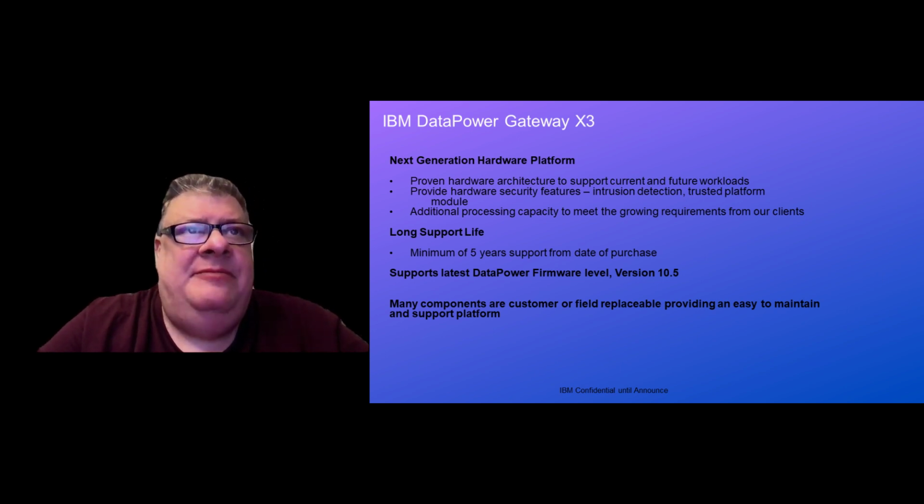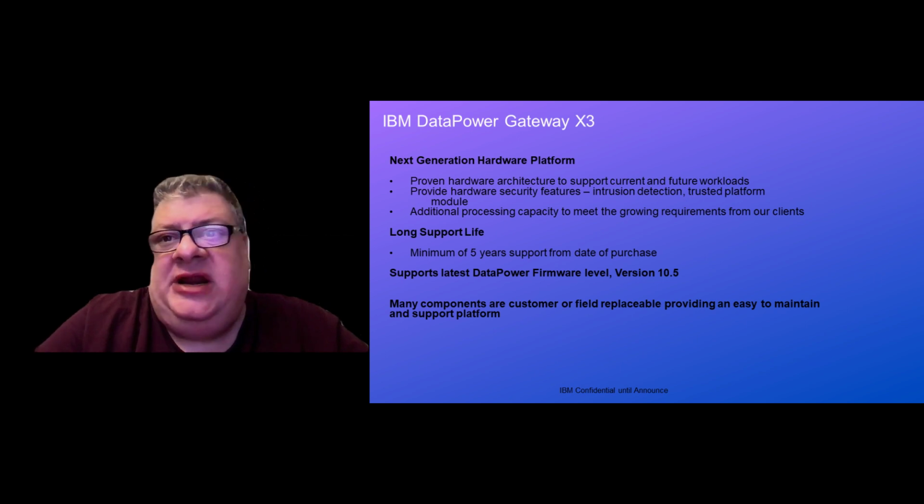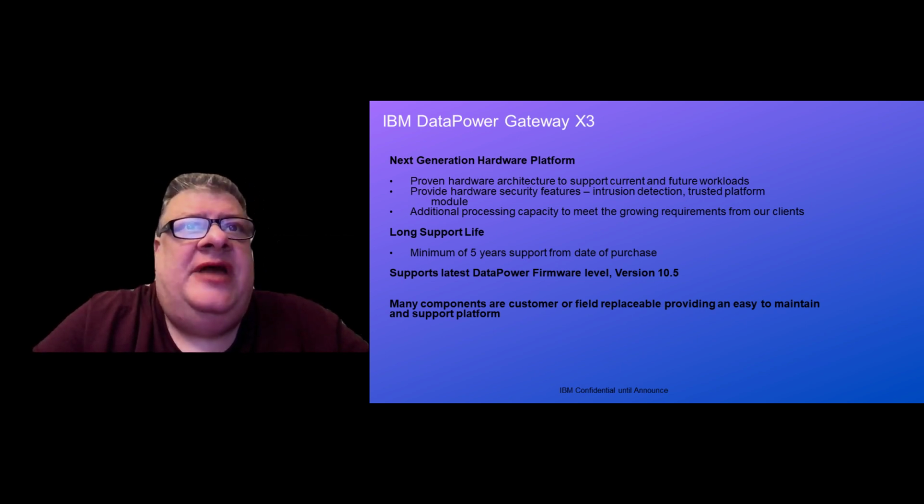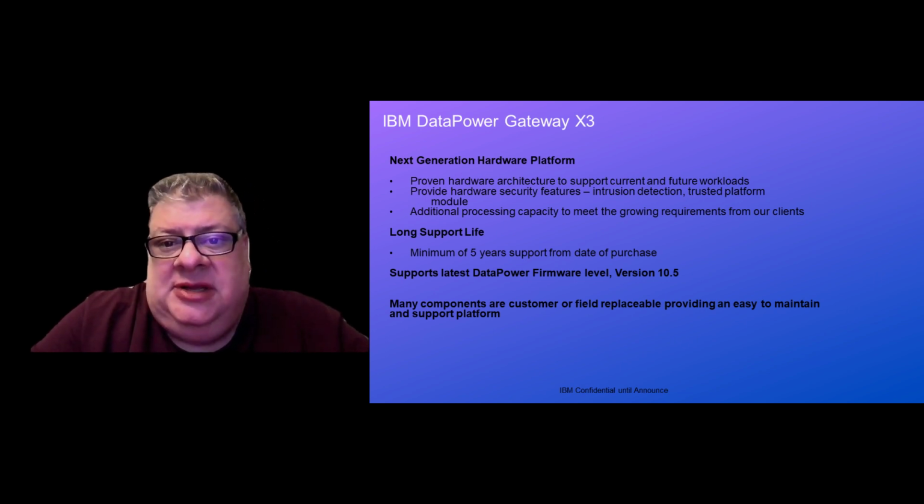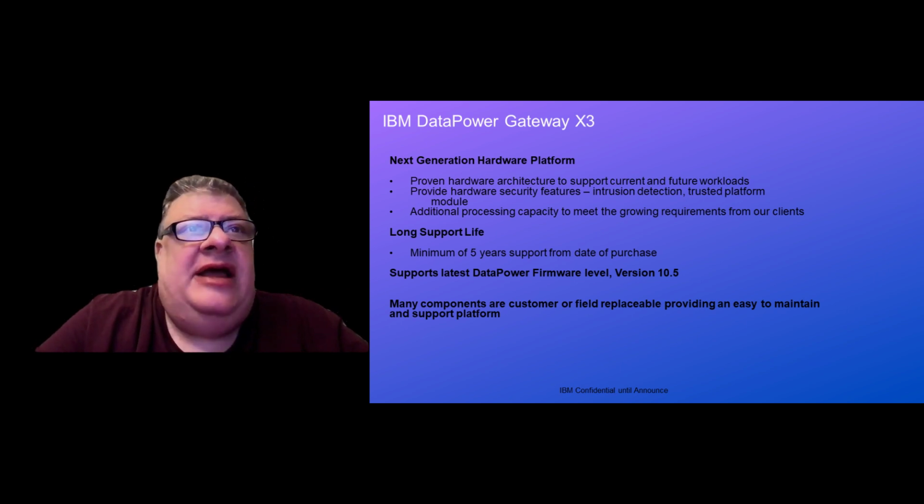You will always get a minimum of 5 years of support from the date of purchase of any DataPower appliance. Even if you bought an X2 today, which is still available for a little bit, you would have that 5 years. As part of this, we are introducing a new level of our firmware, which is the 10.5 long-term support of our firmware, which we'll get into a little more detail on in a moment.